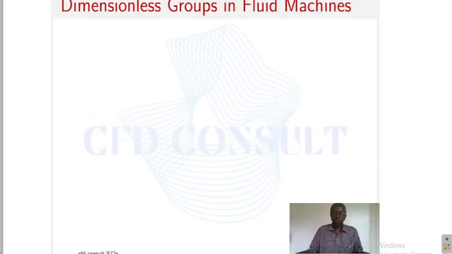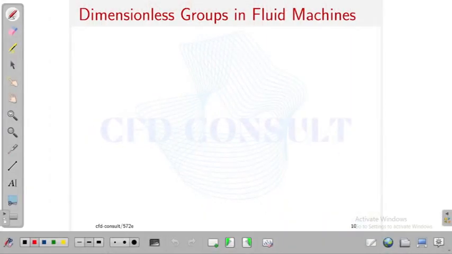So when looking at fluid mechanics, we typically deal with a few dimensions. The first is the volumetric flow rate, which we can refer to as Q. And the volumetric flow rate basically refers to how much volume of fluid flows per unit time.